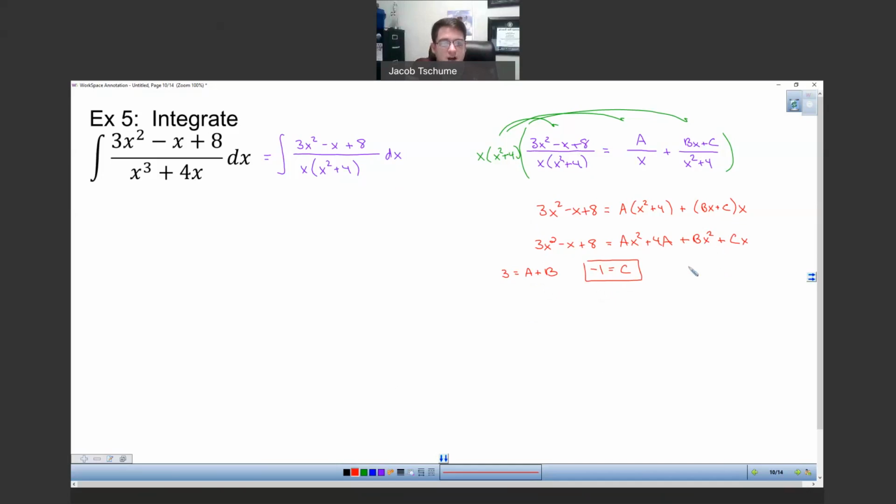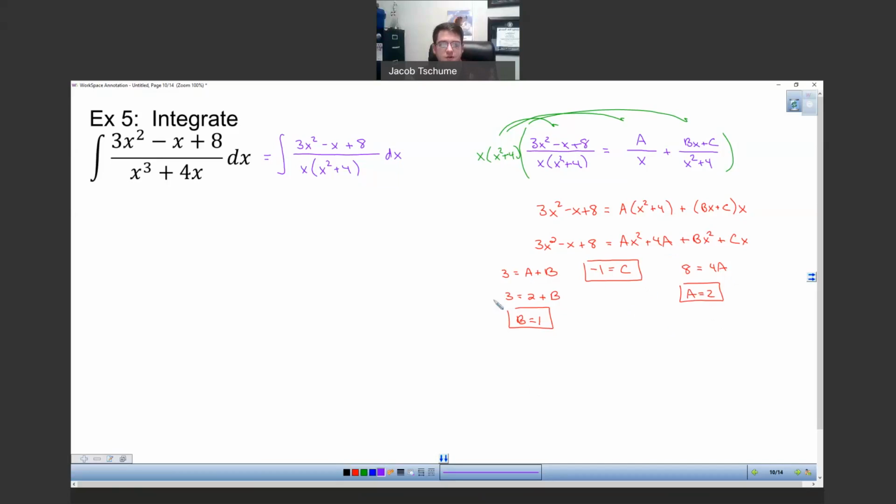On the left, the constant is 8, and on the right, the only constant we have is 4a. So if I divide both sides by 4, I can automatically say that a has to equal 2. Now that I know a is 2, I can use that to help me solve for b. So 3 will equal 2 plus b, and therefore b is going to equal 1.